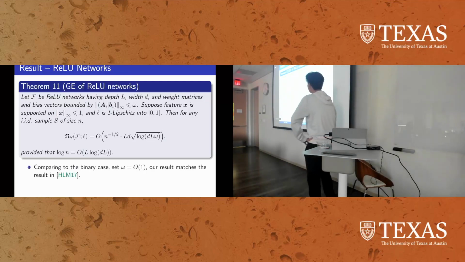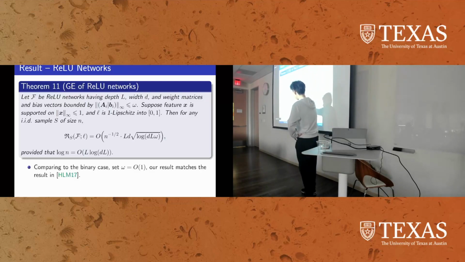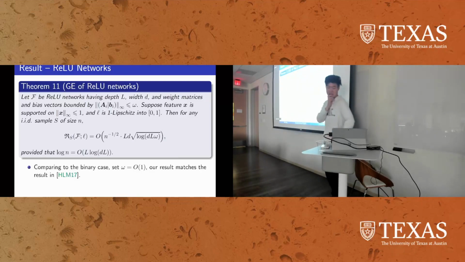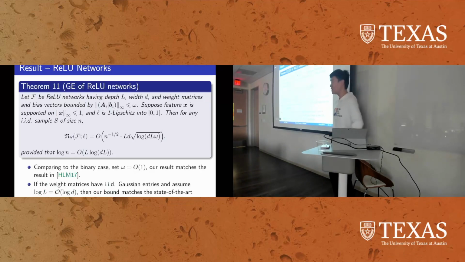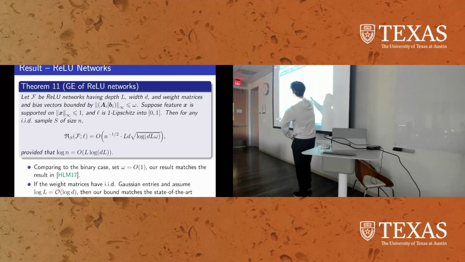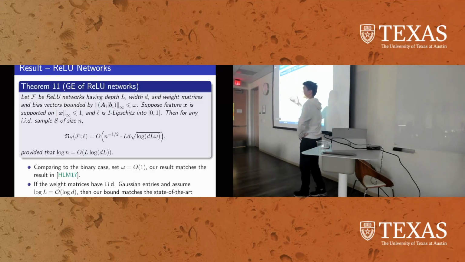If you compare to the binary case, which is analyzed in this 2017 paper, because the output is either 0 or 1, it is natural to assume my operator norms are bounded by O(1). In this case, this result is equivalent to the result of the 2017 paper. And if you put in some other natural assumptions, let's say the entries in these weight matrices and bias vectors are of order 1 constant, then the log omega term, the operator norm, will dominate D and L, assuming D and L are comparable.